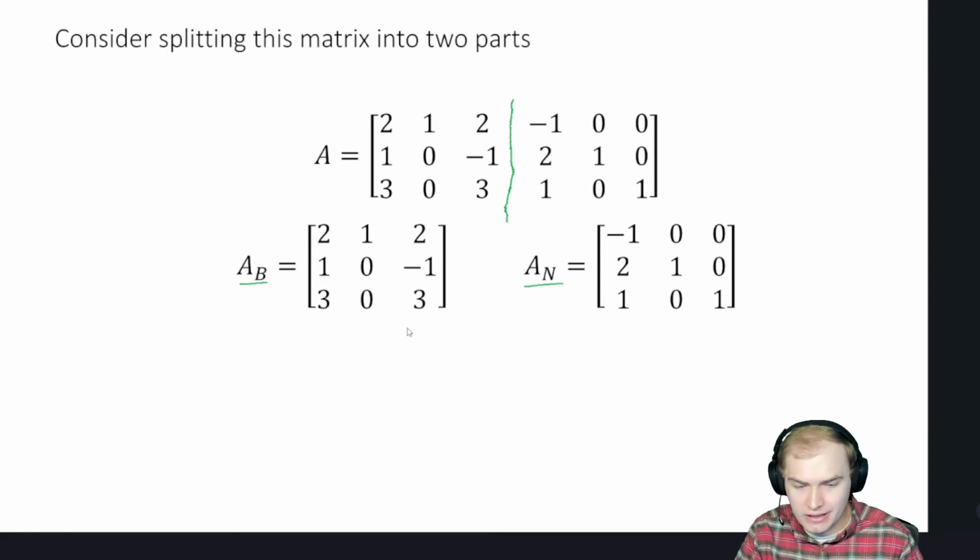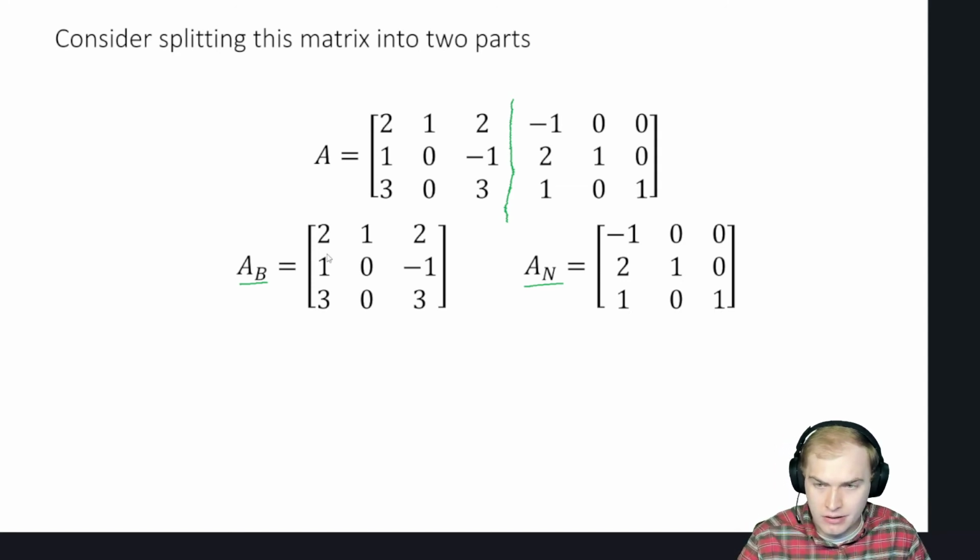This just means that we can't write any of the columns as linear combinations of the other two columns. Which means that we can invert the matrix, assuming it's square.